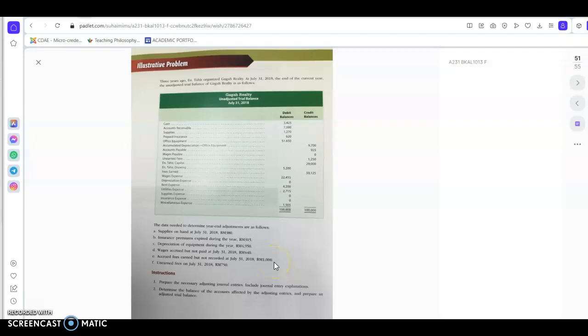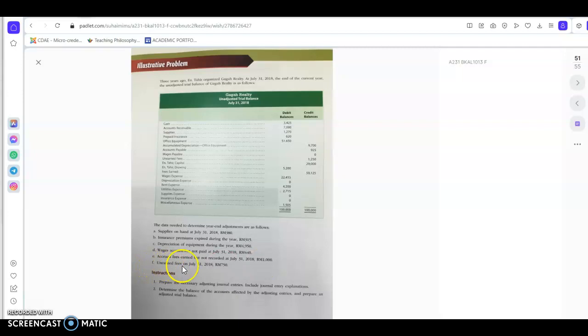Accrued fees earned but not recorded at 31st July 2018 1,000 ringgit. So we have to record the fees earned and also the accounts receivable.